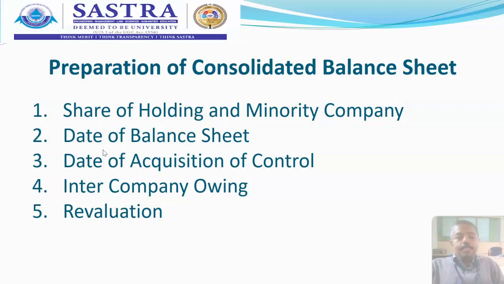If there is an excess of proportionate share in the net assets of the subsidiary company over the cost of shares acquired by the holding company, then there will be a capital reserve in favor of the holding company, which means it is in reverse order.